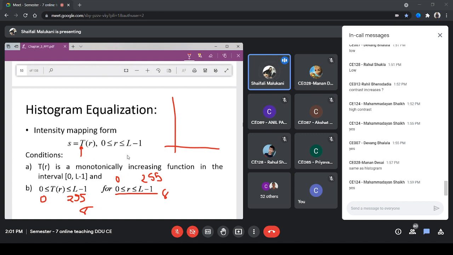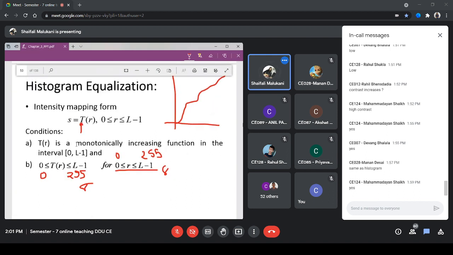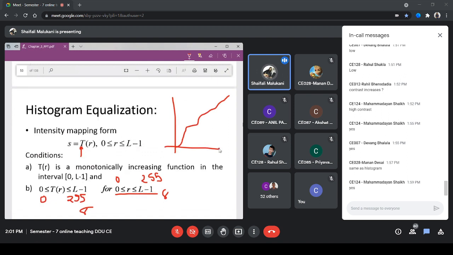Monotonically increasing function means it can be like this. This is an increasing function, and this can also perform histogram equalization. The only condition is that the function must give us the range of 0 to L minus 1, provided the input is in the range of 0 to L minus 1.